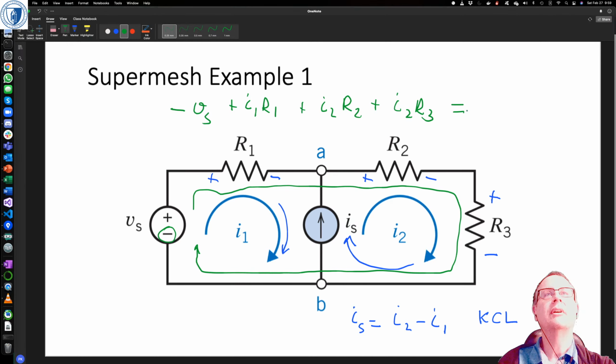And because it's a KVL equation, we write that it should be identically 0. Remember, KVL says the voltages around a loop must sum to 0. If they don't sum to 0, then we can effectively create free energy, or we can get as high a voltage as we like just by going around the loop.